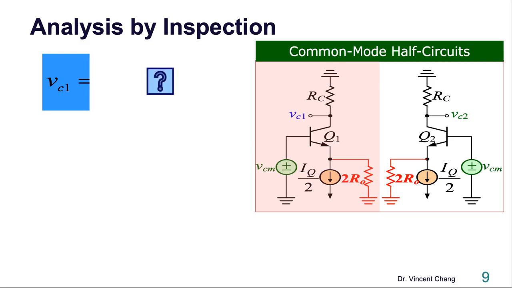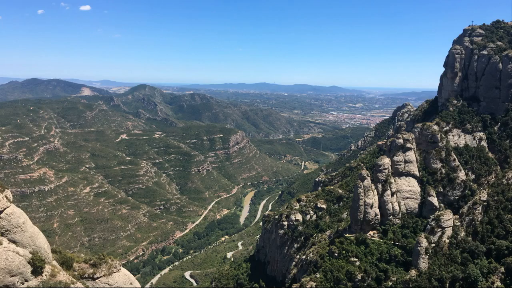My question to you at this point is, what is VC1 in terms of VCM, RC, RO, and the rest of the small-signal AC parameters? Let's pause for 1 minute and use analysis by inspection to get the expression for VC1.